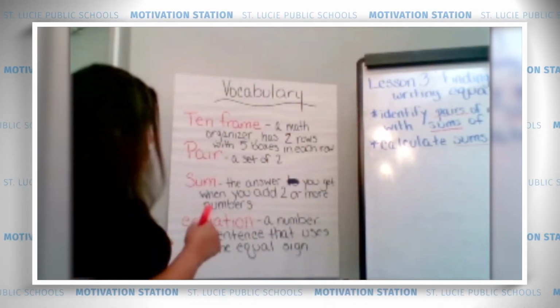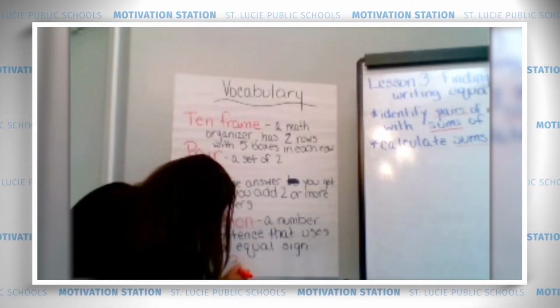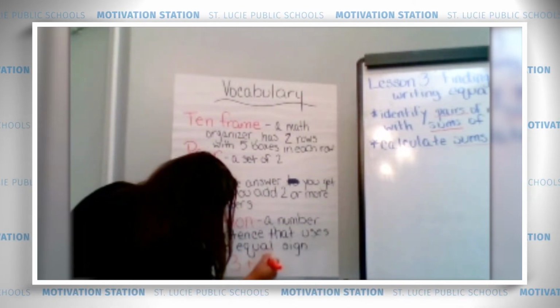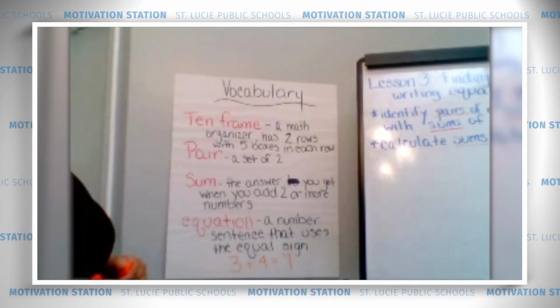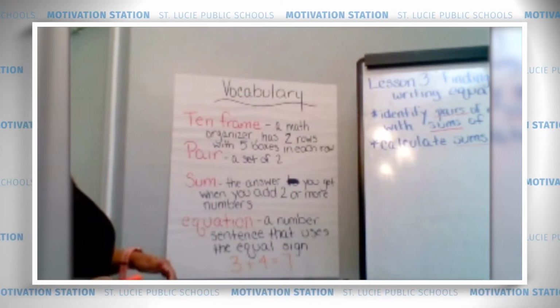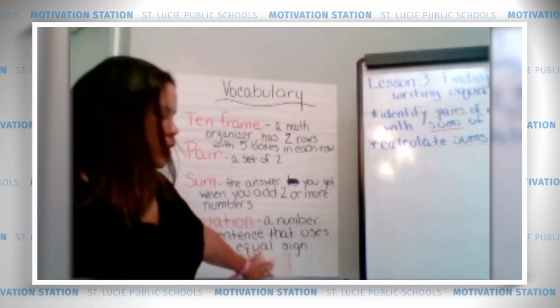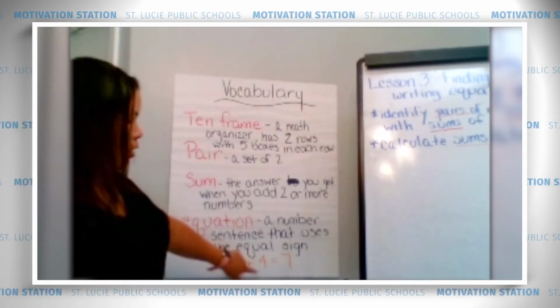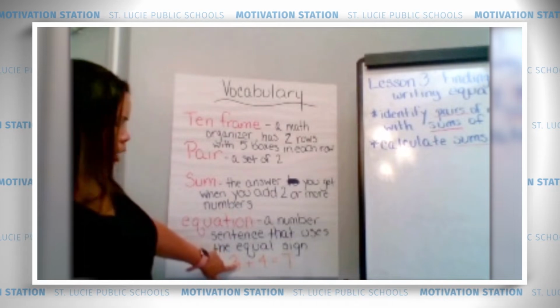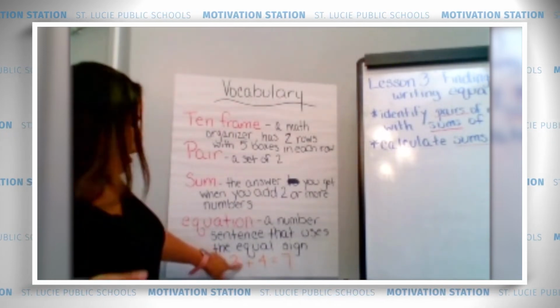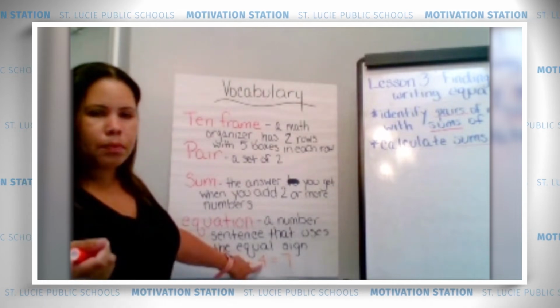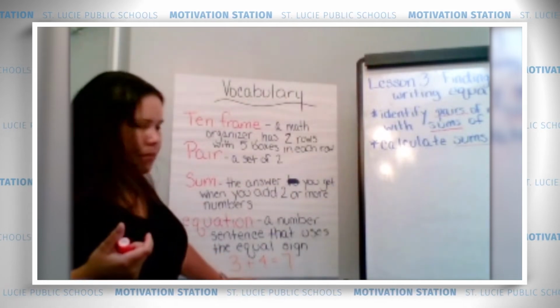If I have an equation like 3 plus 4 equals 7, I see I have the equal sign, 3 and 4. If I put 3 in my 10 frame, or start at the number 3, and add 4 more, I will have 7.